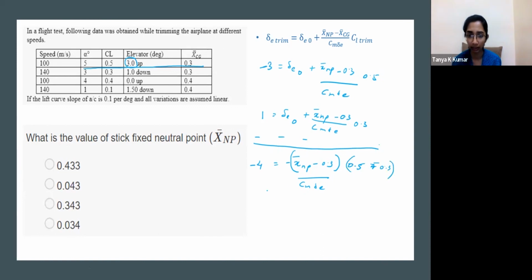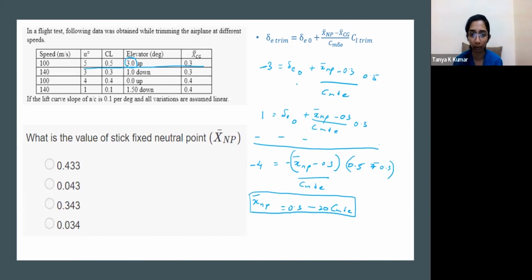Okay, is this okay? So you would get your X bar NP in terms of CM delta E: X bar NP is 0.3 minus 20 CM delta E. Okay, let's just keep that there.